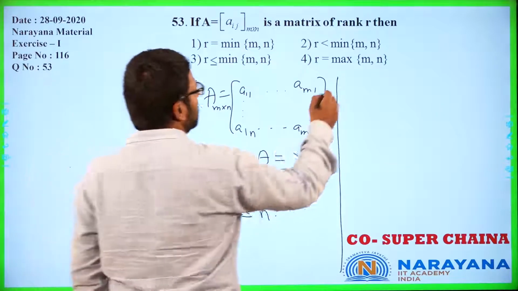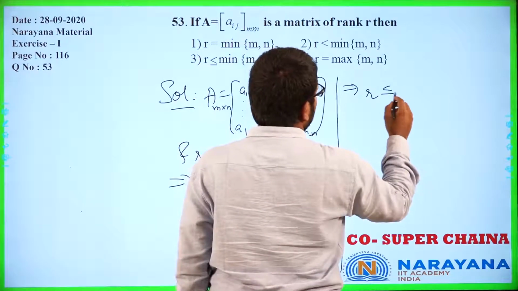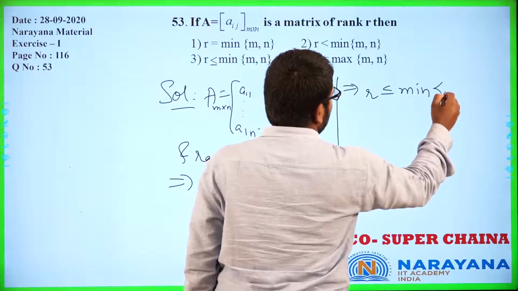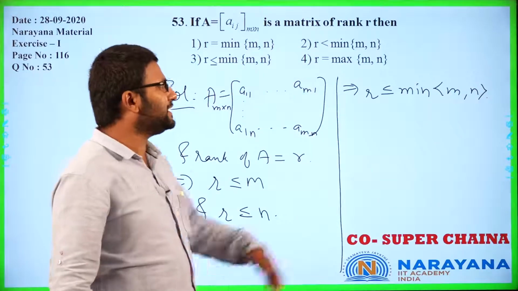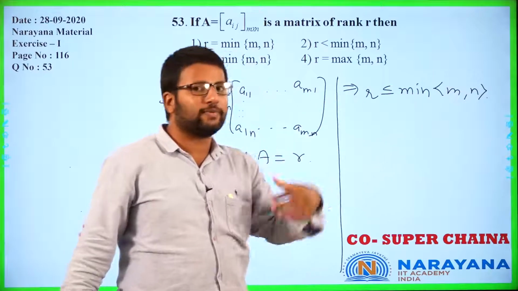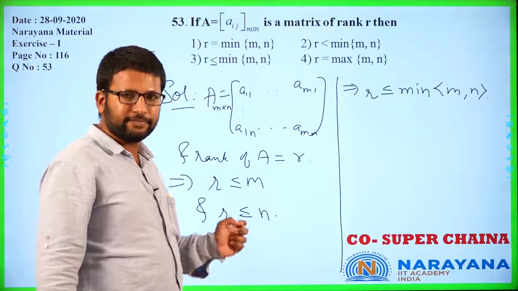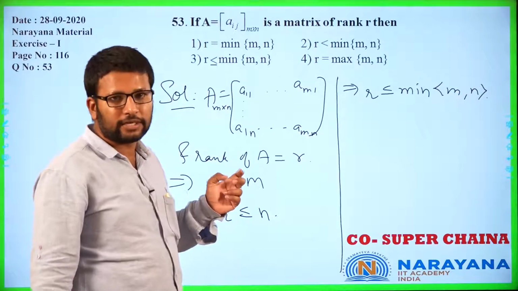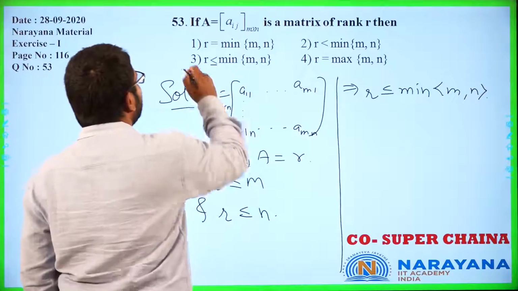Which means another way of writing this would be R is less than or equal to minimum of M and N. Why minimum? Because whichever is smaller, R is smaller than that value. Then only both these conditions are going to be satisfied. Right? Got it? Okay. So R is less than or equal to minimum of M comma N, which is option 3.